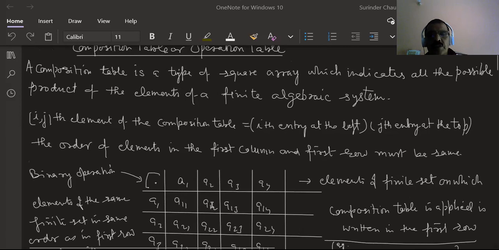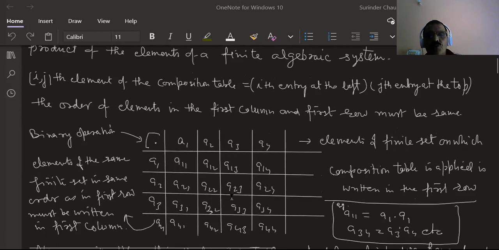Similarly, A12 of the composition table we get after multiplying the first entry at the left and the second entry at the top, and so on. With the help of this, we will get the composition table complete.